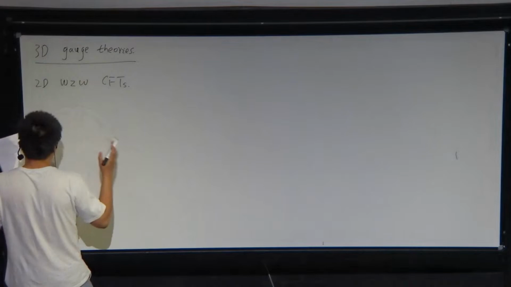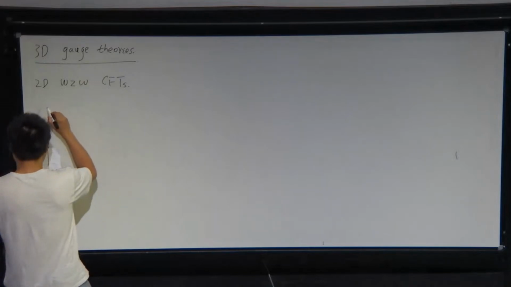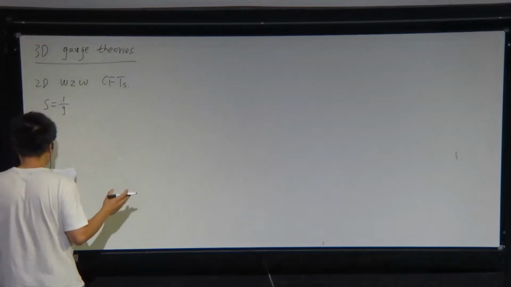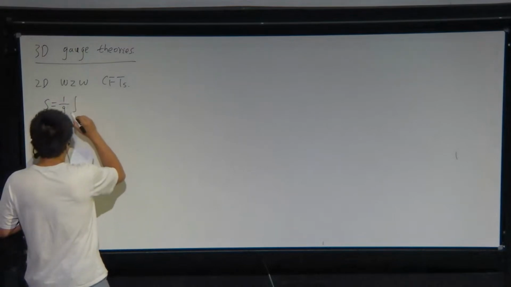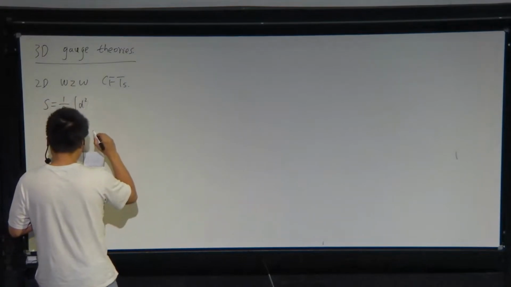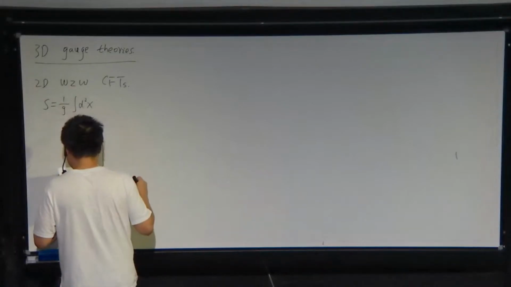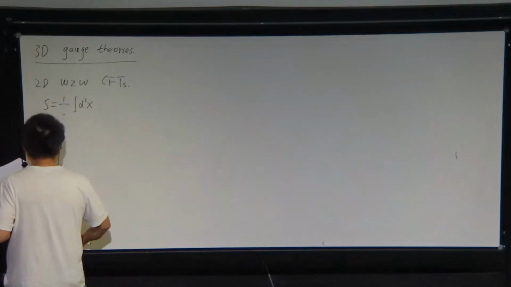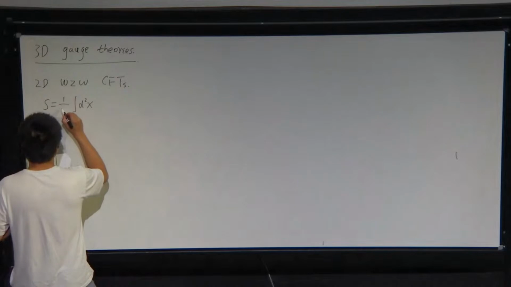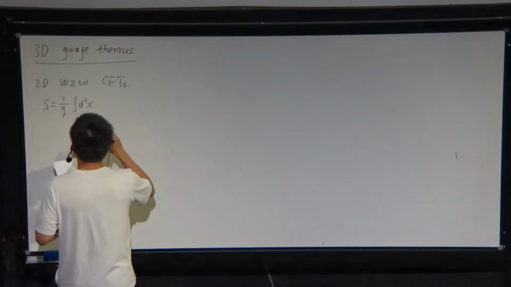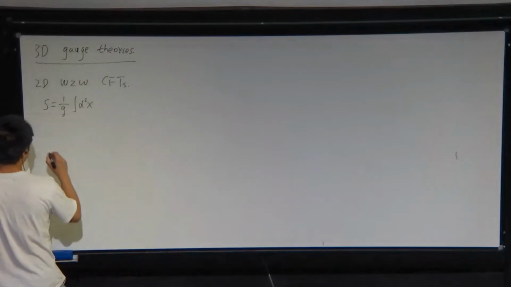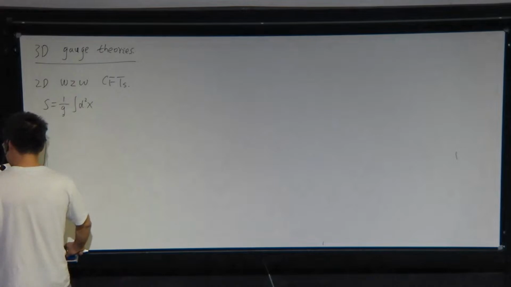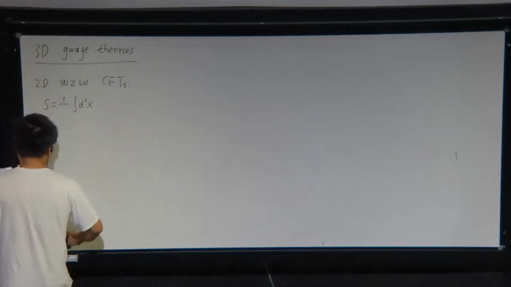There are various different ways of describing it, right? And one way that is closely related to what I'm going to talk about in 3D is the so-called nonlinear sigma model.